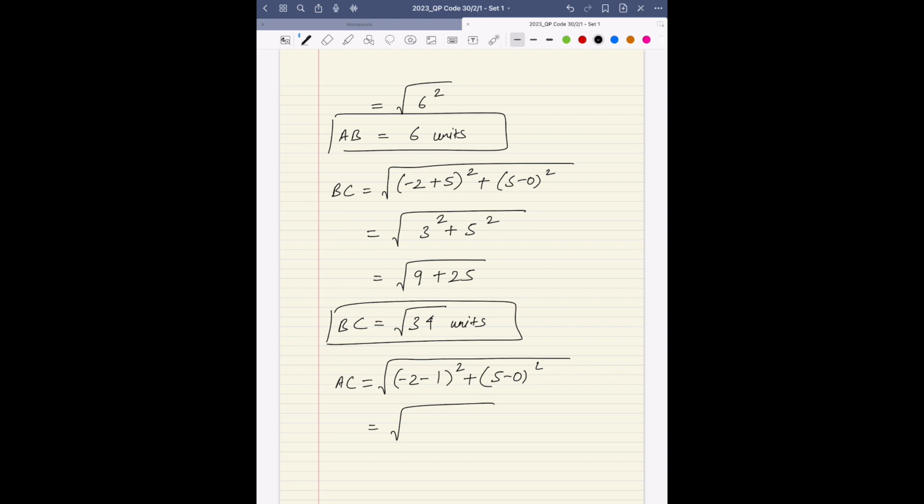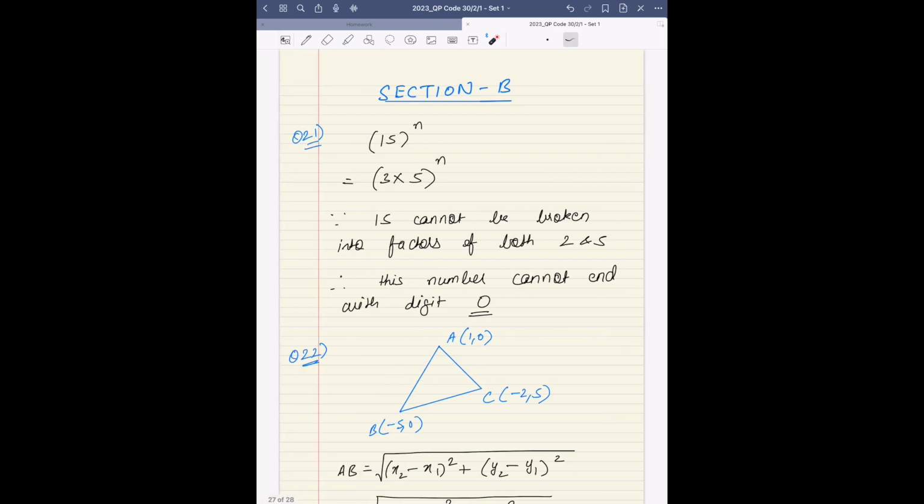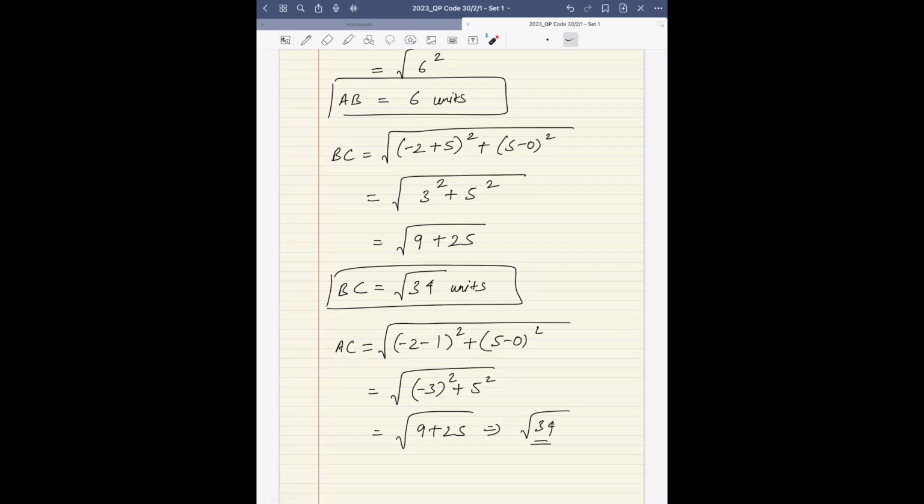Open it, minus 3 whole square. I'm writing it if anybody has any confusion. Minus 3 whole square becomes 9. So 9 plus 25. And as you can see, this comes out to be 34. So BC is under root 34. AC is under root 34, while AB is 6 units. Meaning two sides are equal. Since BC is equal to AC, hence it is an isosceles triangle.